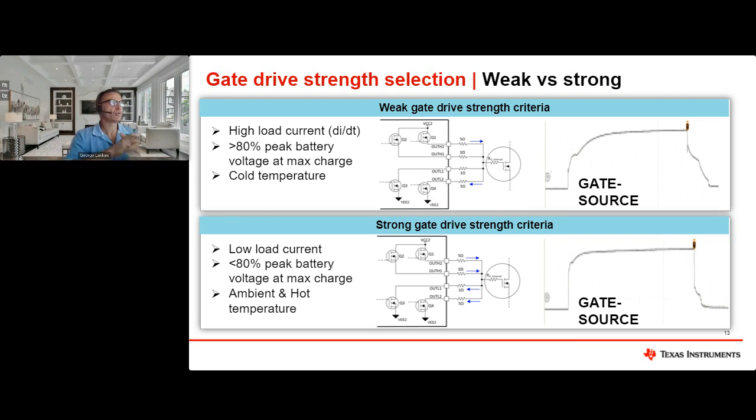But as the load current decreases from the motor and as the battery itself discharges to less than 80% of maximum charge, and when the ambient temperature is warmer or hot, then you should be able to start using strong gate drive to really improve efficiency.